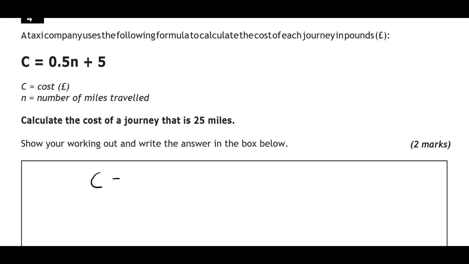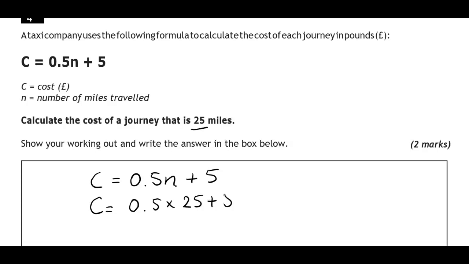So C is equal to 0.5N plus 5. We've got to replace N with 25. So C is equal to 0.5 times 25, add 5. We do the multiplication first, we know that through BIDMAS. So 0.5 times 25 gives us 12.5.